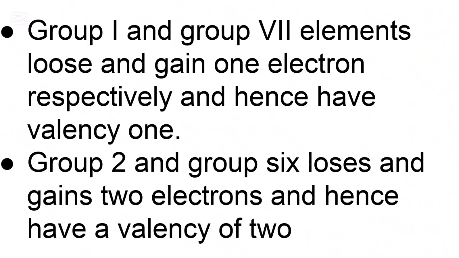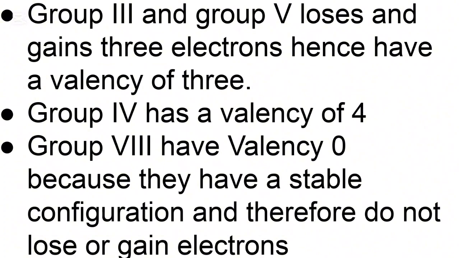Now, group 1 and group 7 elements lose and gain 1 electron, respectively, and hence, they have valency 1. Group 2 and group 6 lose and gain 2 electrons, and hence have a valency of 2. Group 3 and group 5 lose and gain 3 electrons, hence have a valency of 3.